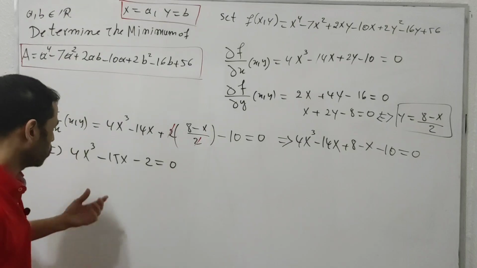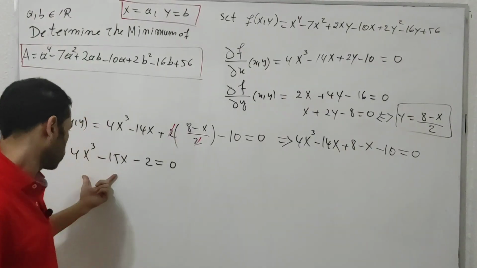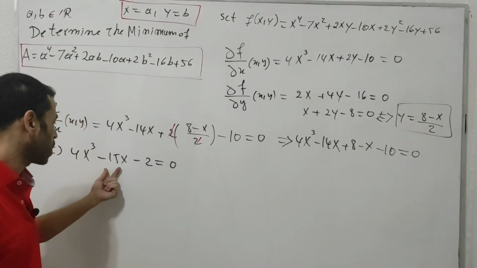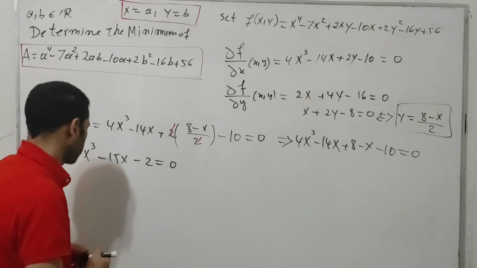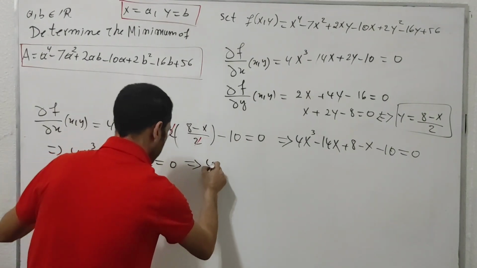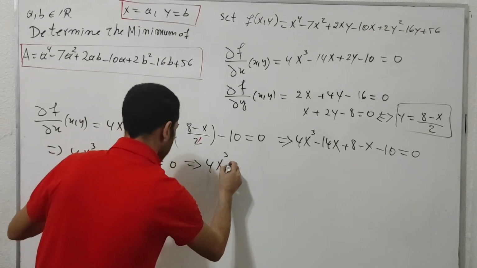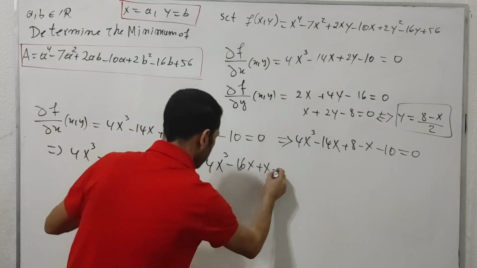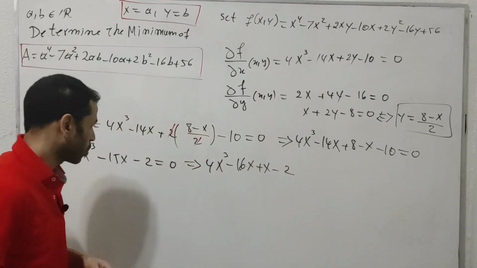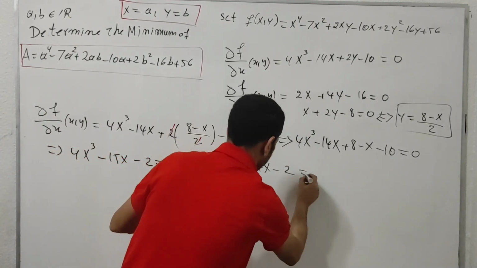So now I'm going to use a trick in order to factor this one. I'm going to write this as minus 16x plus x, okay. So I will have 4x cubed minus 16x plus x minus number 2, okay, equals 0.